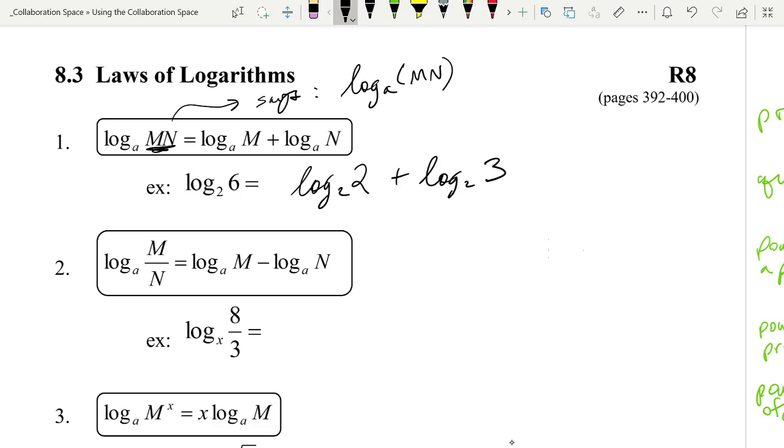Well, it's helpful in the sense that you know that log to the base 2 of 2 is just 1, because we just talked about that, right? Because remember, this is saying, if I multiply 2s together, how many does it take to get to 2? The answer is 1. This one I'd have to actually get some sort of calculation going. And we'll show you later today how to do those calculations.